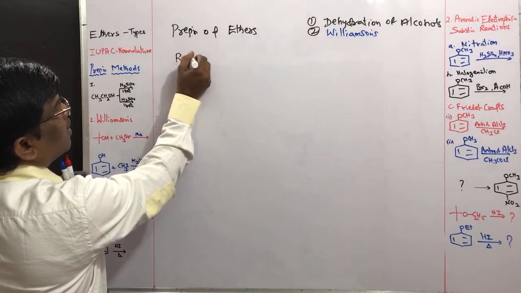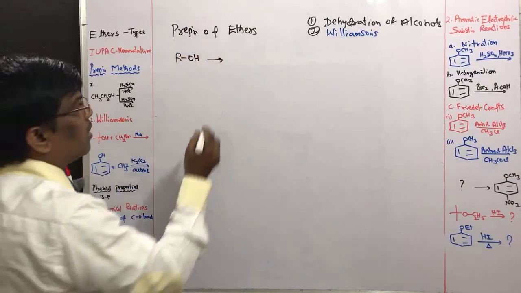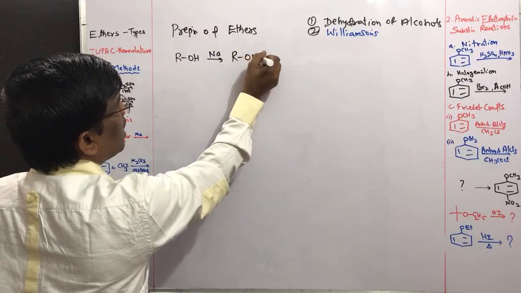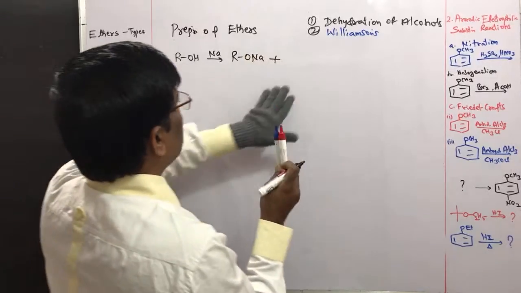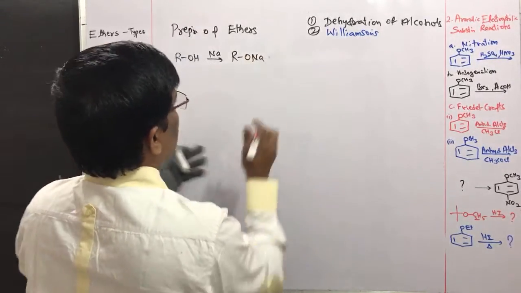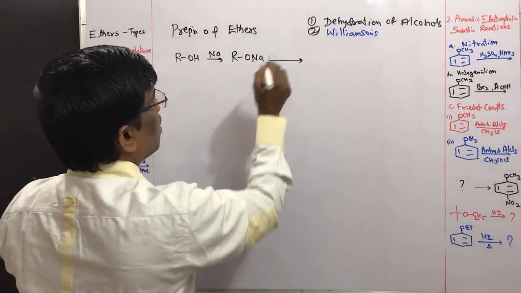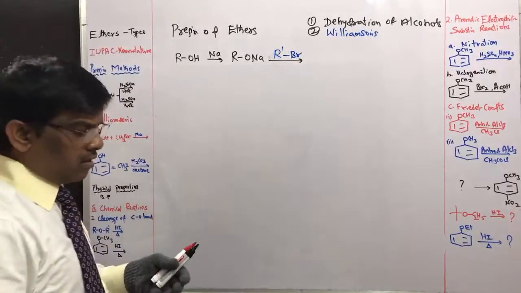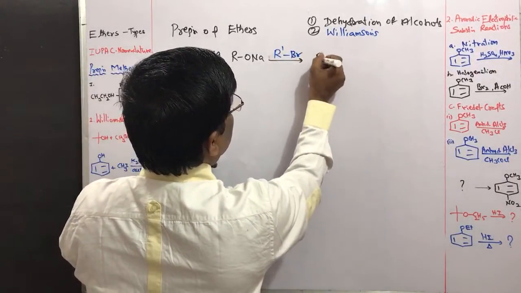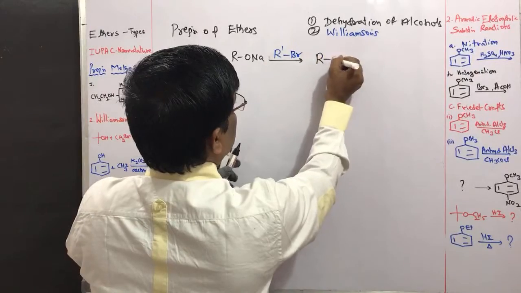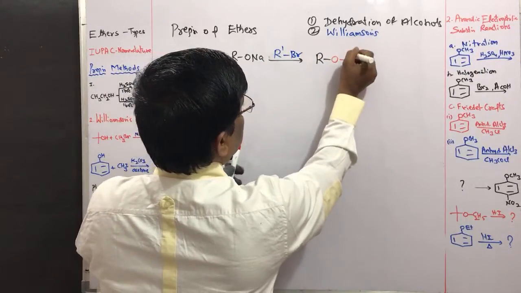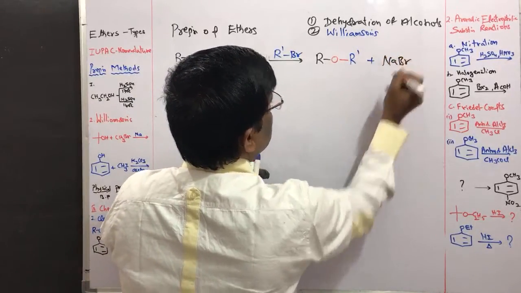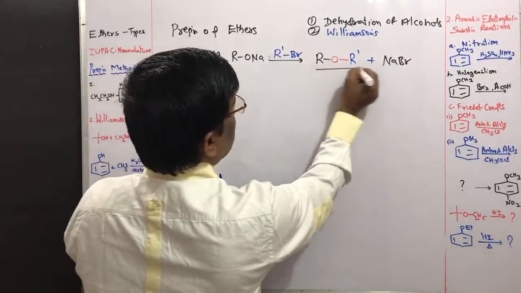Take an alcohol, make the salt of the alcohol just by treating it with sodium, for example RONa, then to this add an alkyl halide to give the ether and sodium bromide. So this is the ether we are going to get.